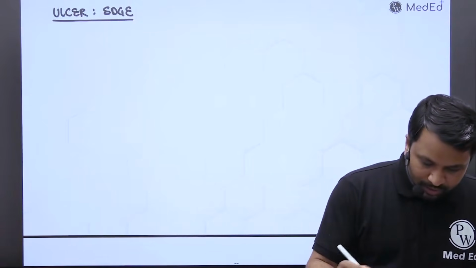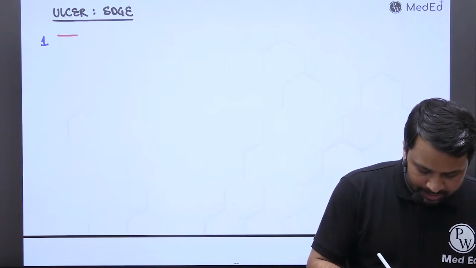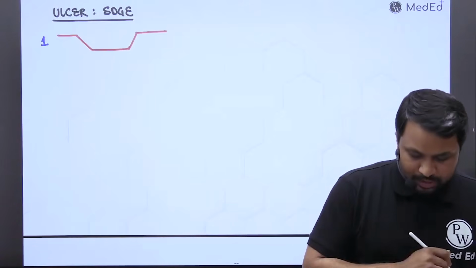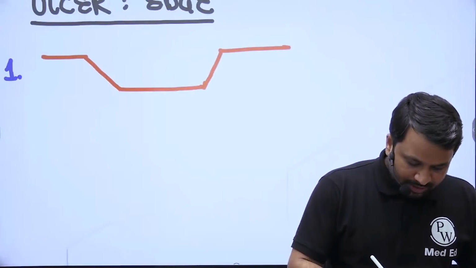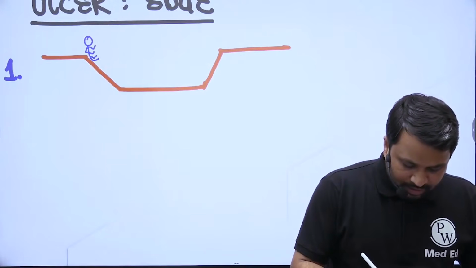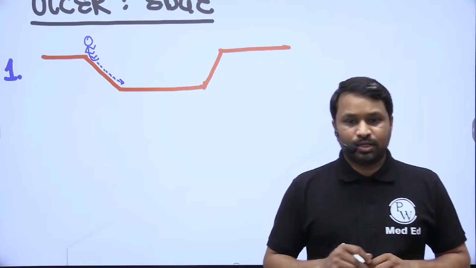The first one that you will see is what we call a sloping edge. You just draw a small line diagram, make the ulcer slope in, like this. It is called a sloping edge because imagine that if you're sitting at the edge of the ulcer, you will just simply slide into the ulcer. Hence it is called a sloping edge.